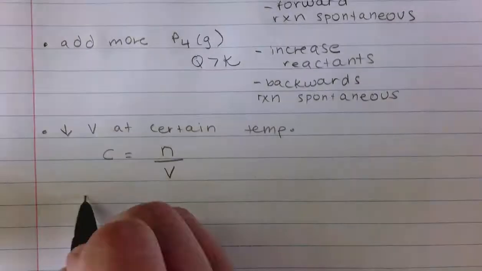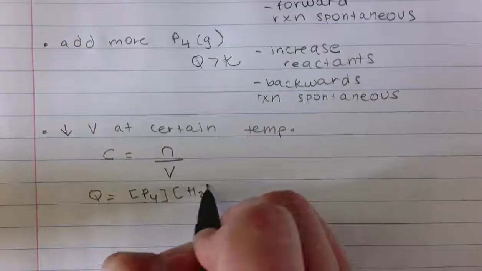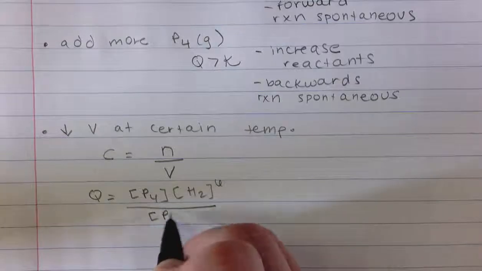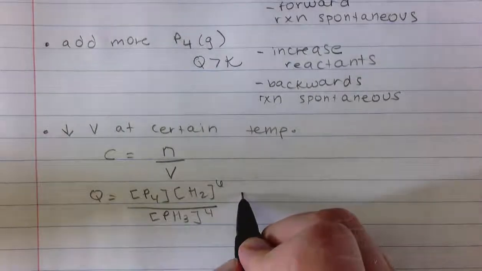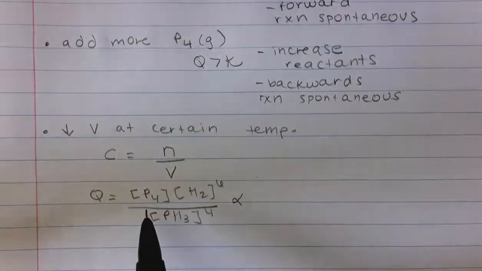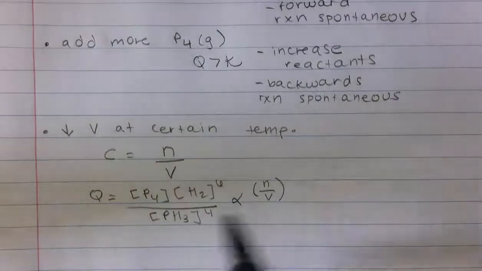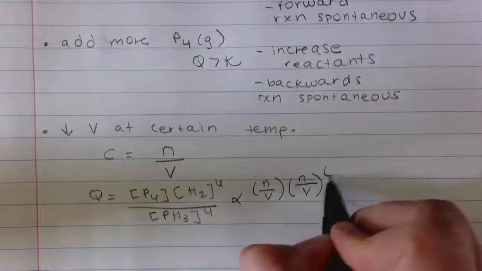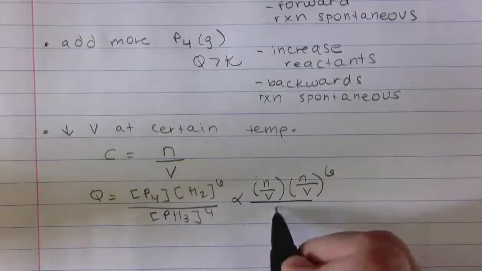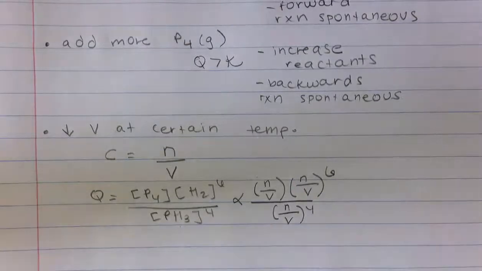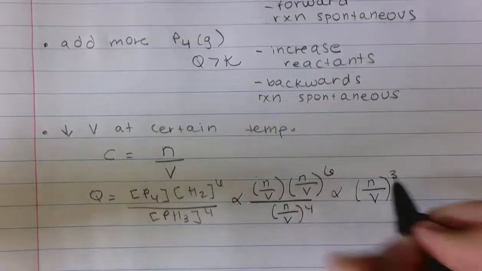So we know, looking at Q again, and I'll write this formula again, we know that the concentration of our phosphorus is proportional to N over V. The concentration of hydrogen is proportional to N over V to the 6th. And the concentration of phosphane is proportional to N over V to the 4th. So overall, Q is proportional to some N over V to the 3rd.